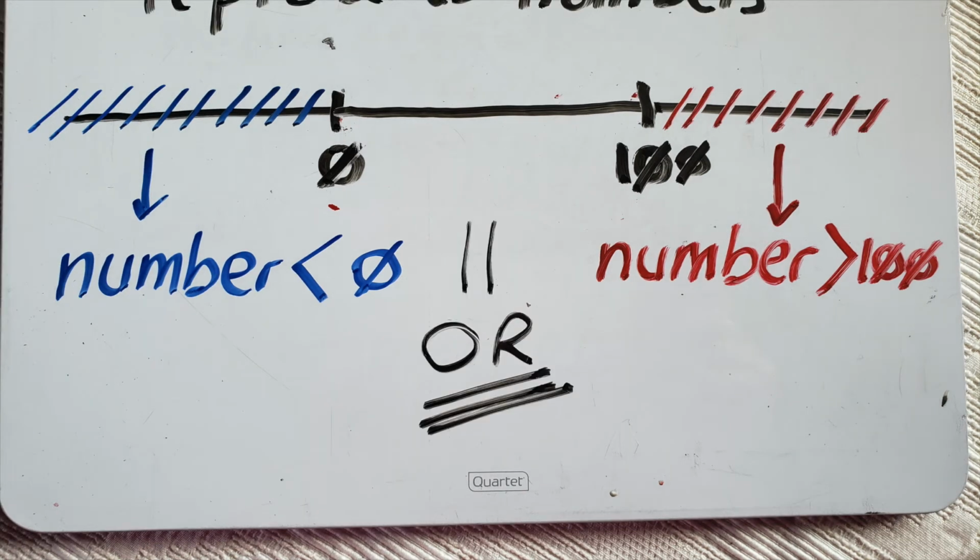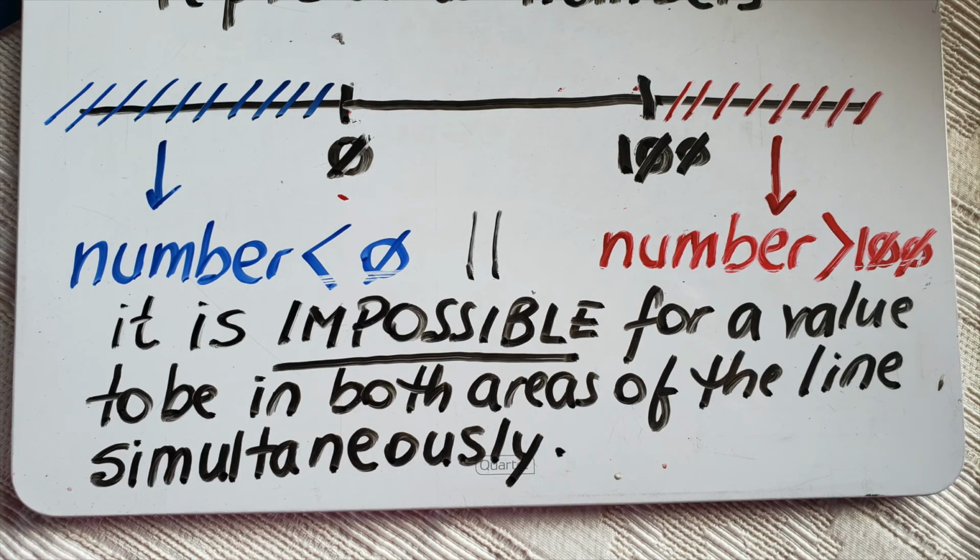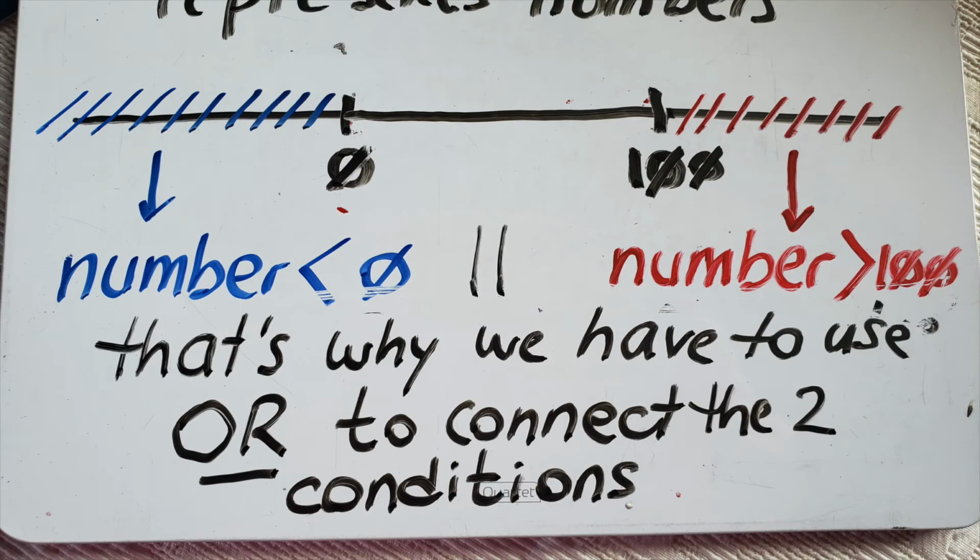A number cannot be simultaneously in both areas because it will either be a negative number or it will be greater than 100. You don't have any negative number that is greater than 100. So it is impossible to have both happening simultaneously. So you're going to check for either-or. You're not going to check for and. So you're going to use the OR to connect both conditions.